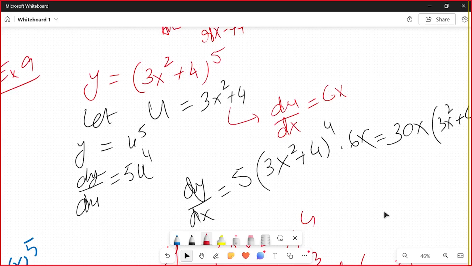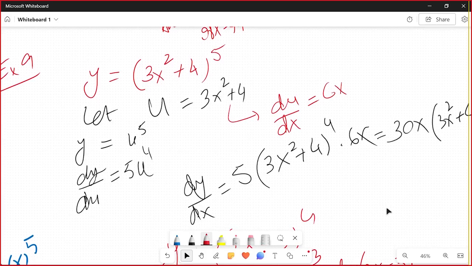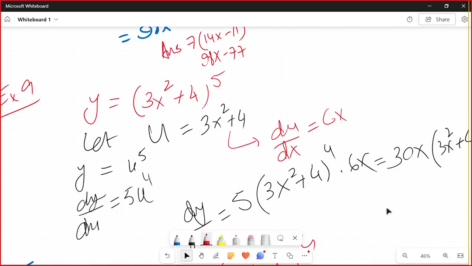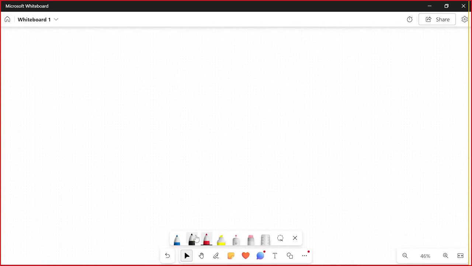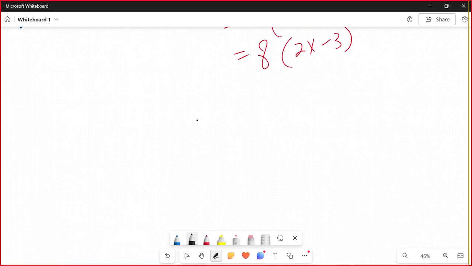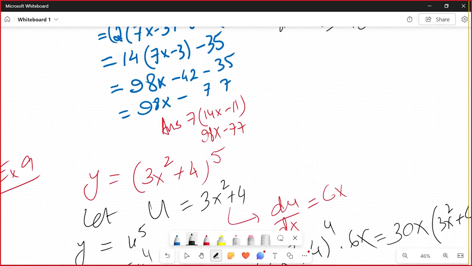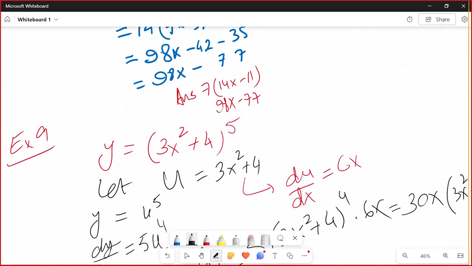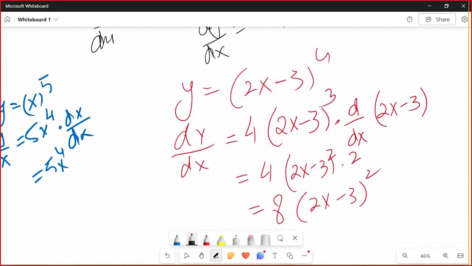We would do this question, which is y is equal to 3x squared plus 4 raised to the power 5.